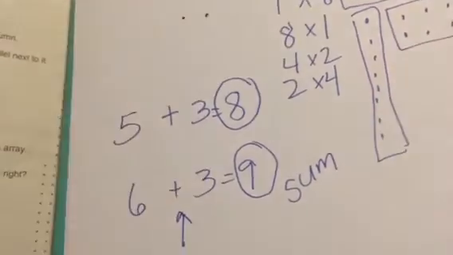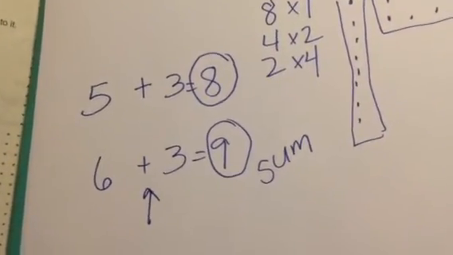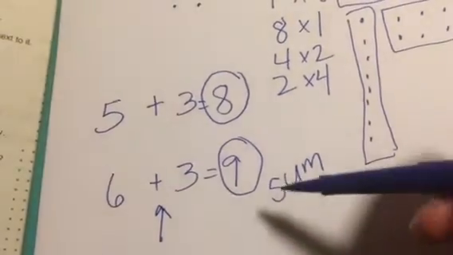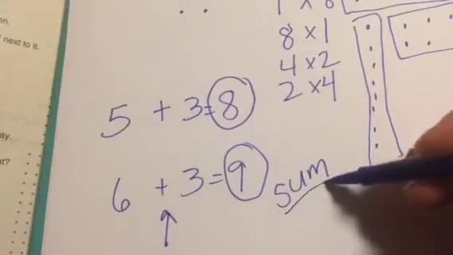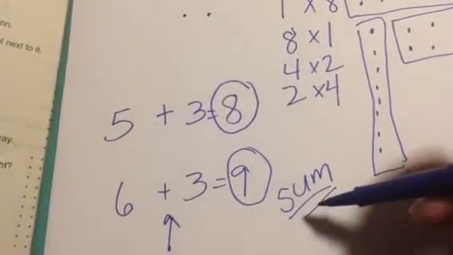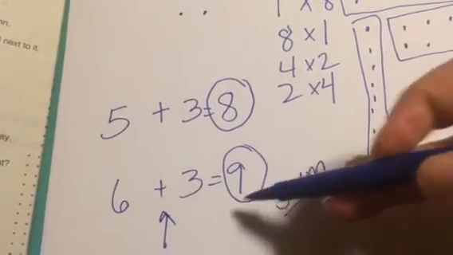It is spelled differently than the word some, like I want some more. That's S-O-M-E. This is spelled S-U-M.